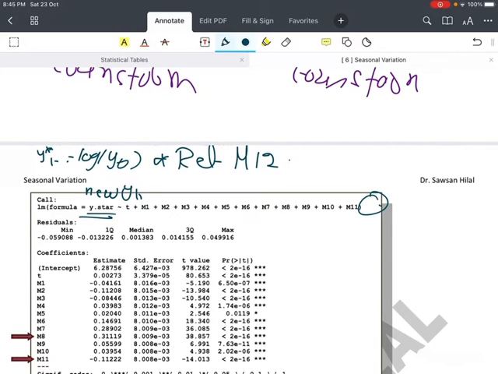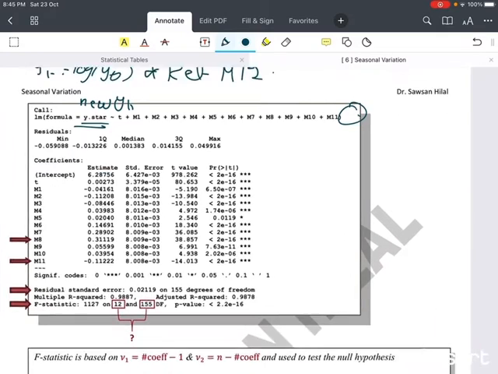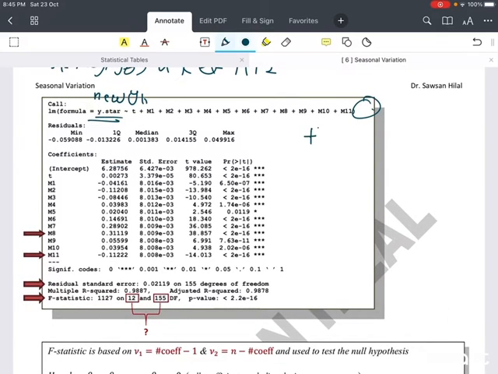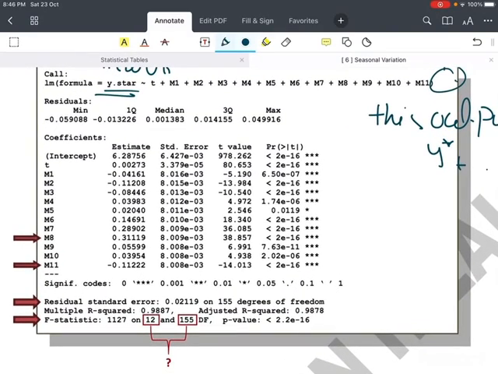Okay, so this output is for y star of t, not for y of t, it is for y star. Yes, and here you will see the coefficients and the estimate and something else. Here this is for the trend, and the others are for the seasonal variation.